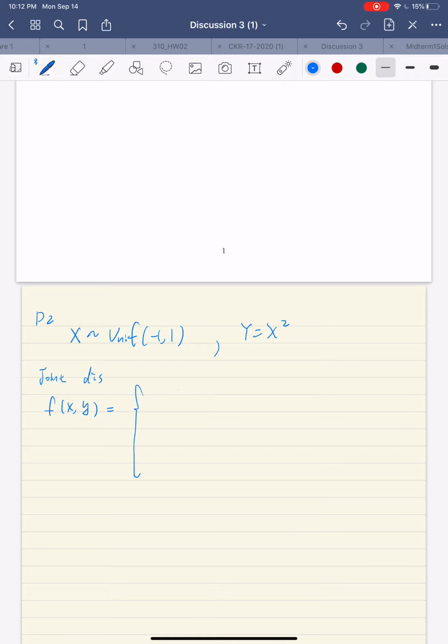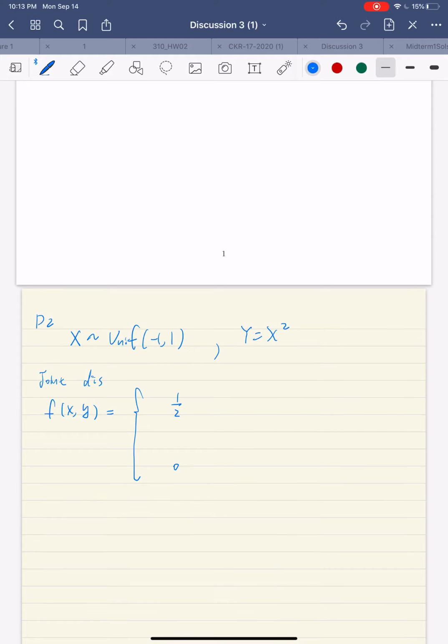It is 1 over 2 when y should be x squared, where x is from -1 to 1, and otherwise the value will be 0.